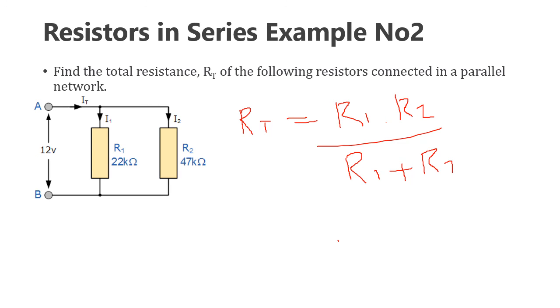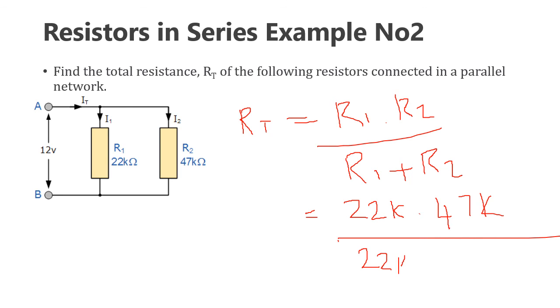Here the values of R1 and R2 are already known. R1 is 22 kilo ohm, 22K into R2 is 47K, 47 kilo ohm, upon 22 kilo ohm plus 47 kilo ohm. From this you can find the total equivalent resistance directly. So I think it is a much easier and quicker way to find the equivalent resistance when resistors are connected in parallel.